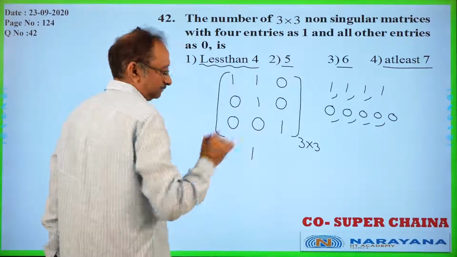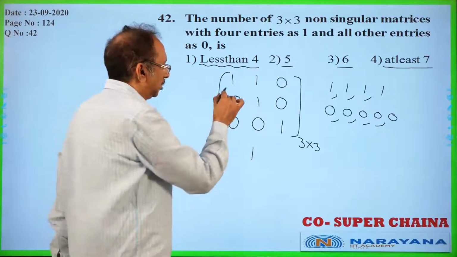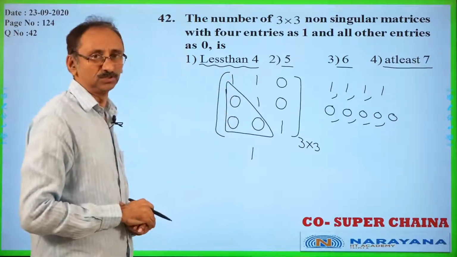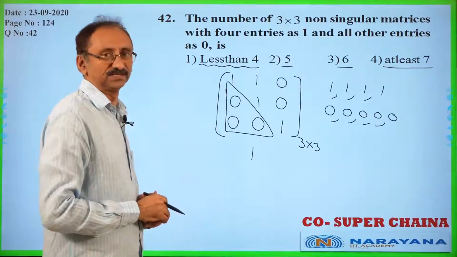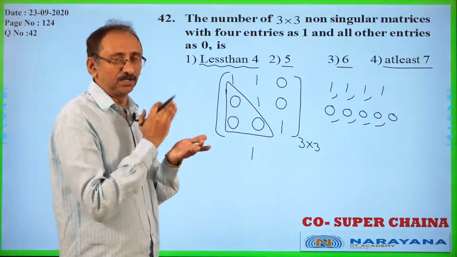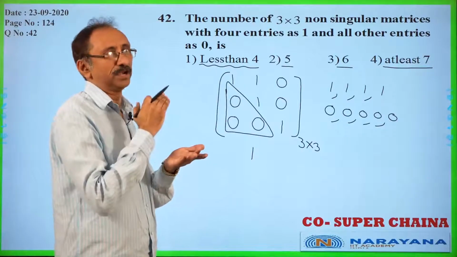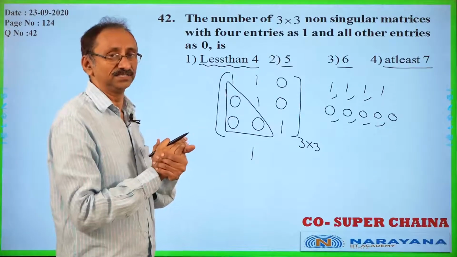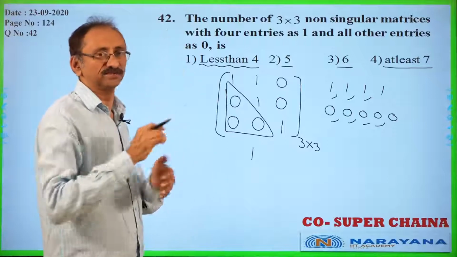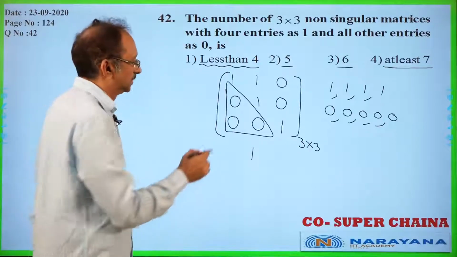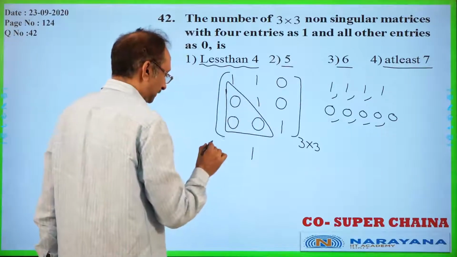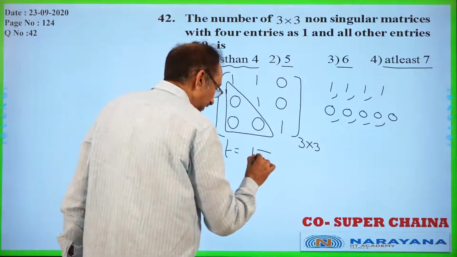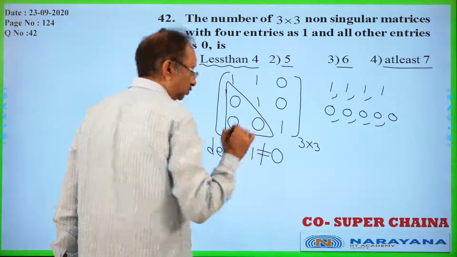All the lower triangular elements are zeros, so it is an upper triangular matrix. The determinant of an upper triangular matrix, lower triangular matrix, or diagonal matrix is just the product of the diagonal elements. Therefore 1 into 1 into 1, so the determinant is 1, which is not equal to 0.